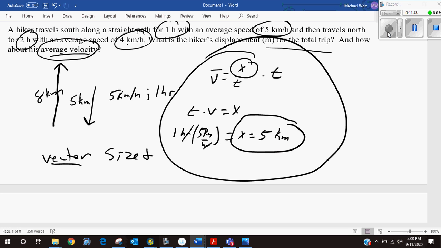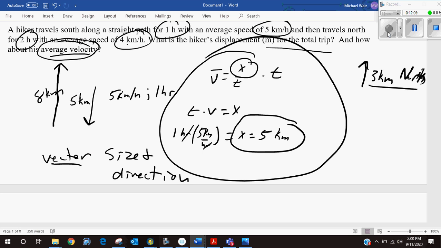Size and what else? Direction. So yes, Andrew, you're right, it's 3, but there's a little bit more that you have to add to it. 3 what? Kilometers. Well, it's north. So there's your direction, and you have to have that for displacement.